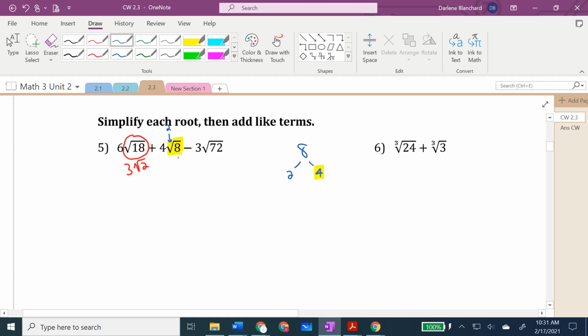So when I'm looking at the square root of 8, I can break it up as 8 is 4 times 2. I am allowed to split multiplication under a root. The square root of 4 is 2.